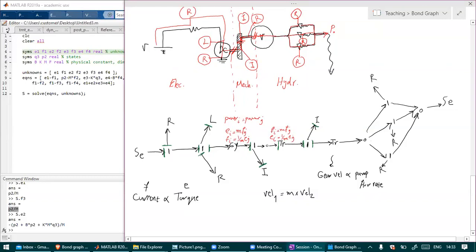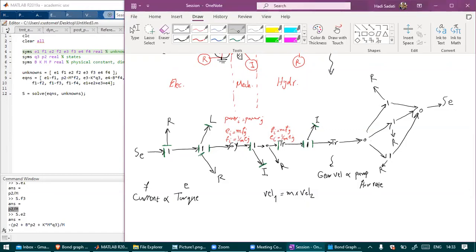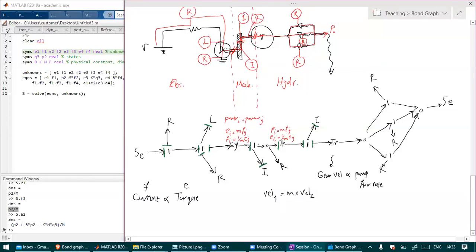So maybe we can have a 0 here, and we have a resistor here. And it basically says the flow is defined there. So the resistor defines the effort, and it is solved.